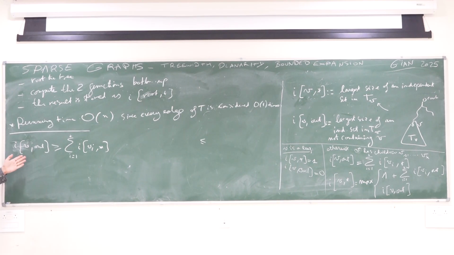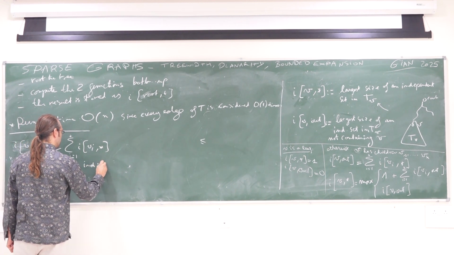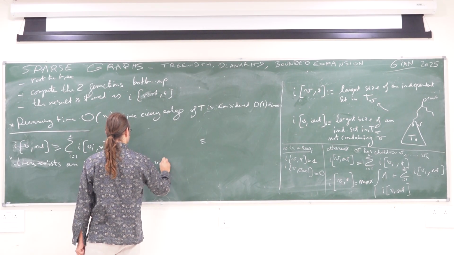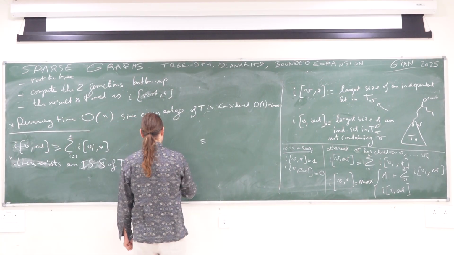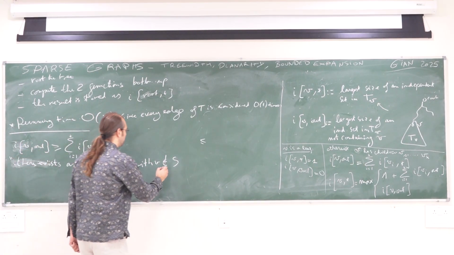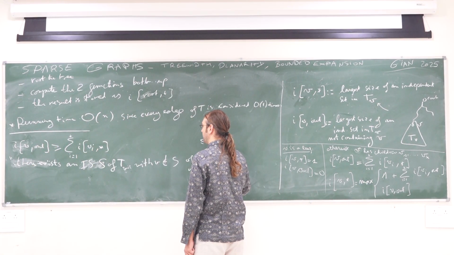So the best is to show that there exists an independent set S of the subtree rooted at V, not containing V, of this size.